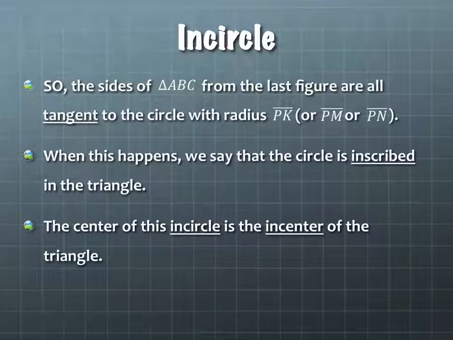So the sides of triangle ABC from our last figure, yours is drawn on your paper, are all tangent to the circle with radius PK or PM or PN. And when we have that happen, we say that the circle is inscribed in the triangle.